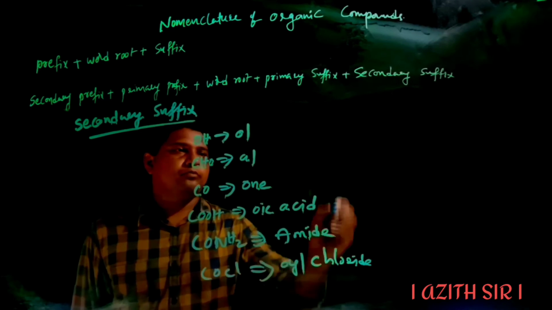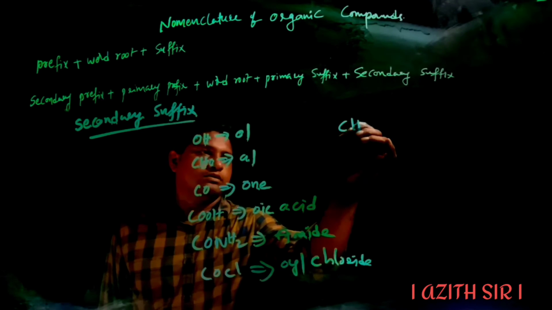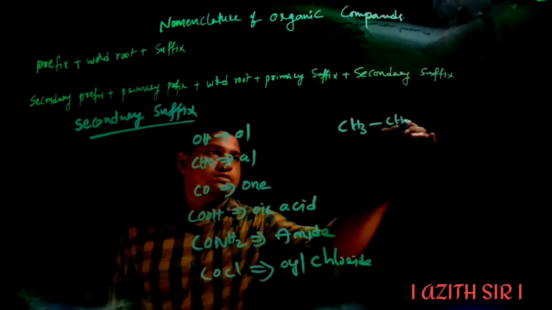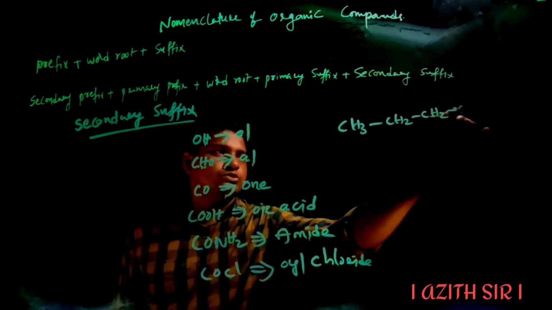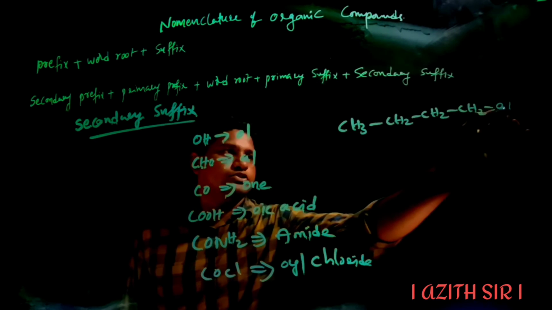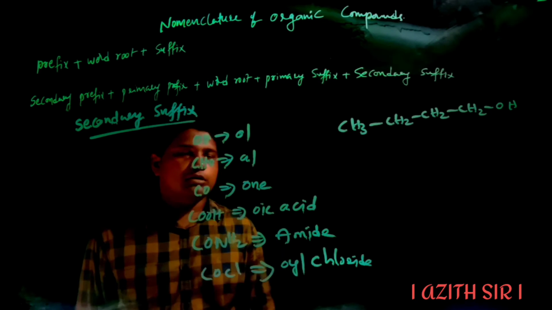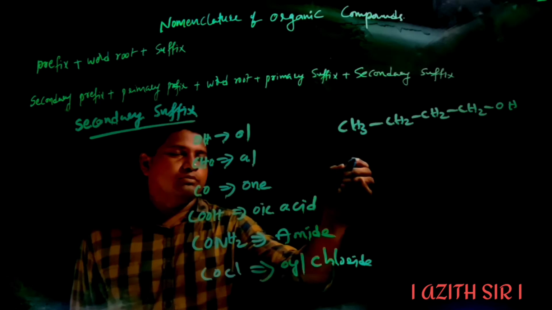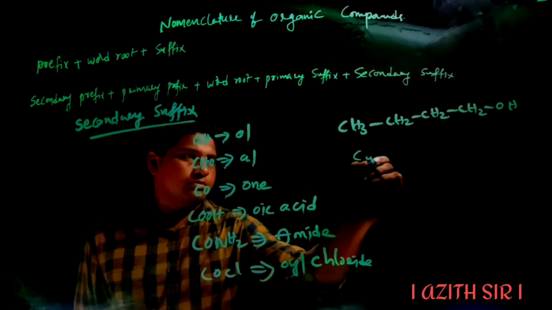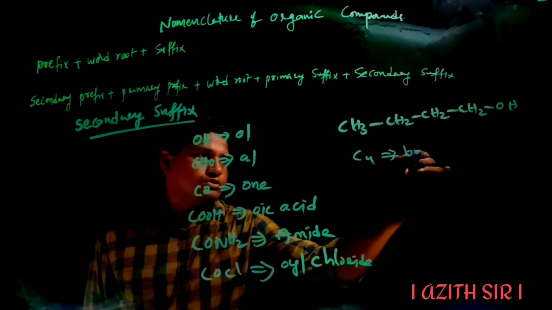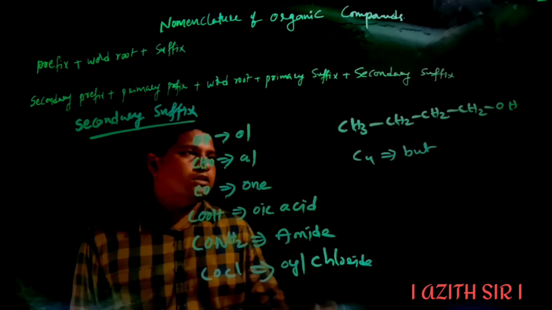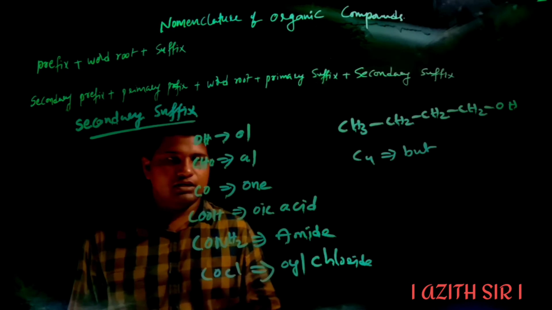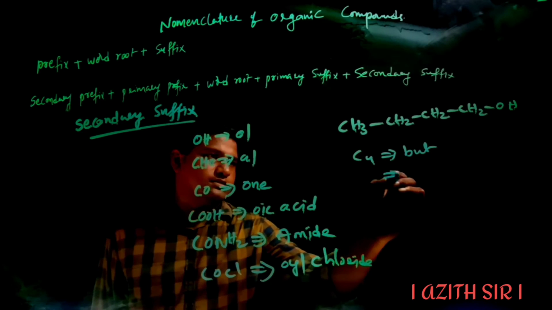For example, take one compound CH3, CH2, CH2, CH2, OH. The number of carbons are 1, 2, 3, 4. Then C4 means it is a butane. C4 means it is a but. All the bonds are single bonds between the carbons. Then it is an ane.